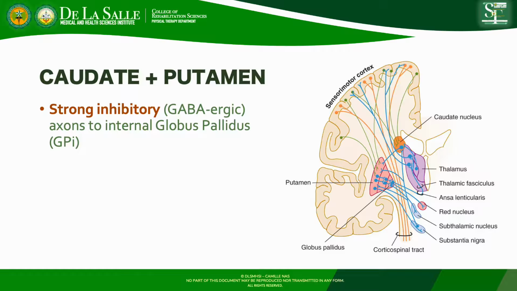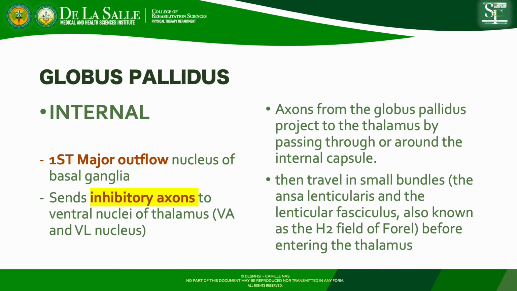Again, dopamine comes from the substantia nigra, and it's mainly inhibitory, but there's also an excitatory function of the dopamine depending on the receptor that it binds to. The caudate and the putamen are the direct nuclei of the basal nuclei, and they are inhibitory. They use GABA as a neurotransmitter and not dopamine.